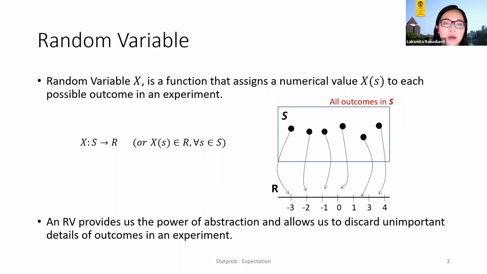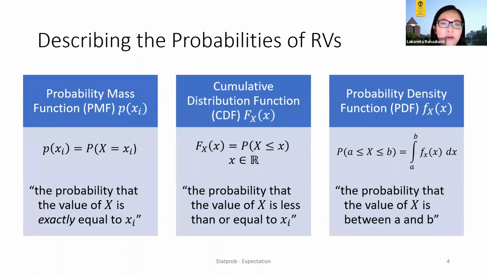So we looked at the concept of random variable, and we also already know that random variables can be described using these functions. If we're talking about a discrete random variable, then we can use either the PMF or the CDF. Don't forget, this is discrete. And if I were talking about a continuous one, we can then use either the CDF or the PDF.